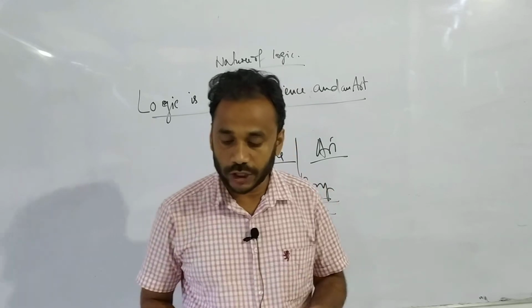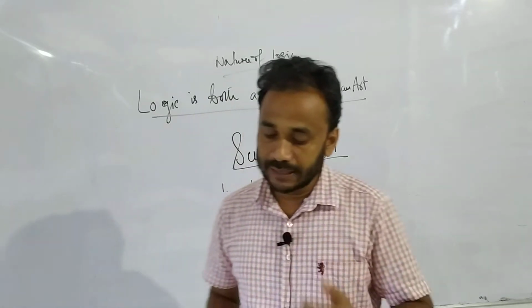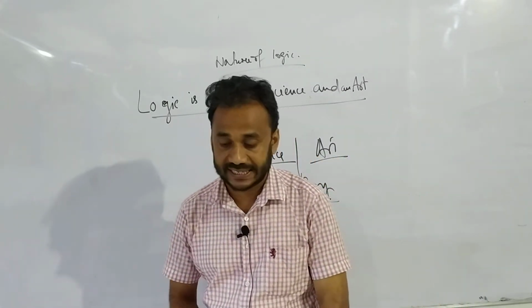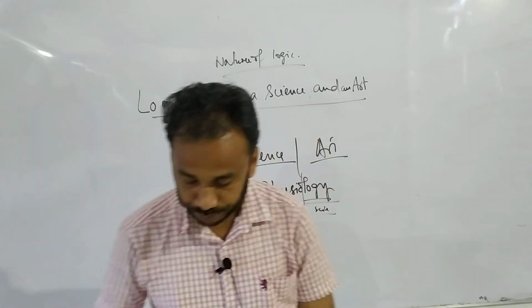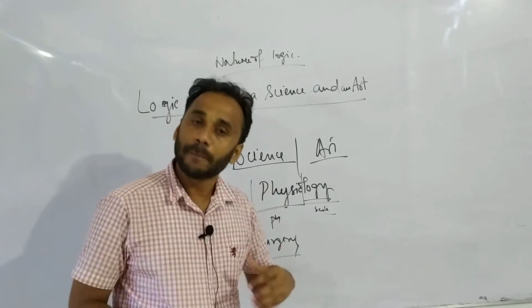But logic also teaches us how to apply the principles formulated by it in actual practice. So logic is an art also. So logic is theoretical as well as practical.